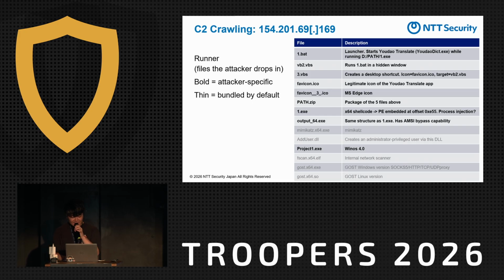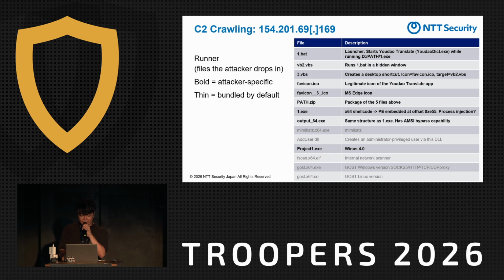The file structure includes multiple .bat and .vbs scripts, forming an execution chain that launches a user translate application as a decoy while executing malware in the background. Legitimate application icons are used to enhance the disguise, making the activity appear benign to the user.